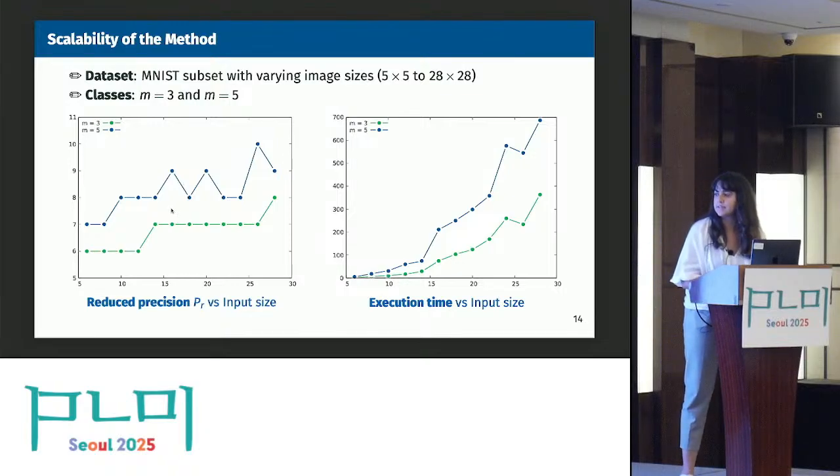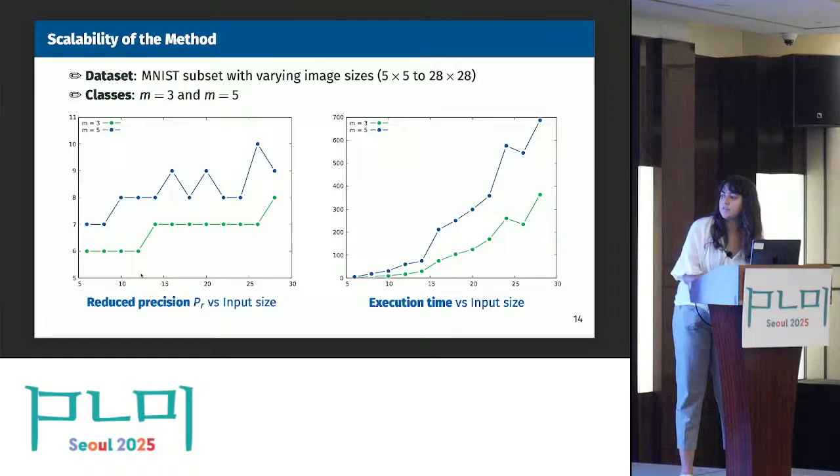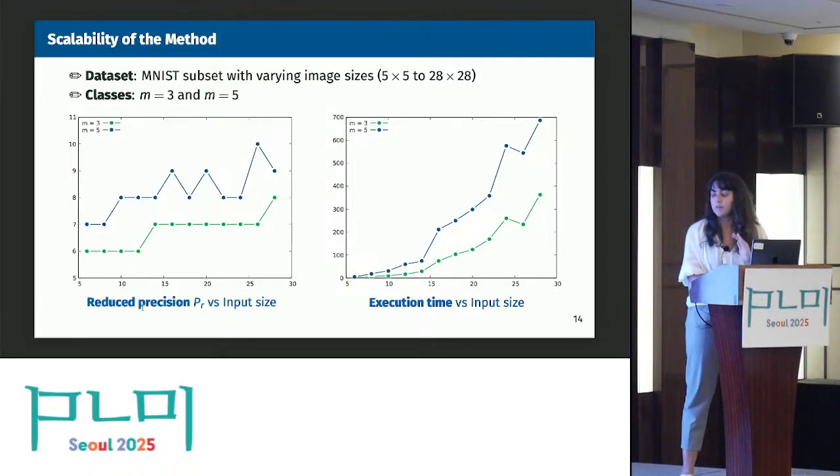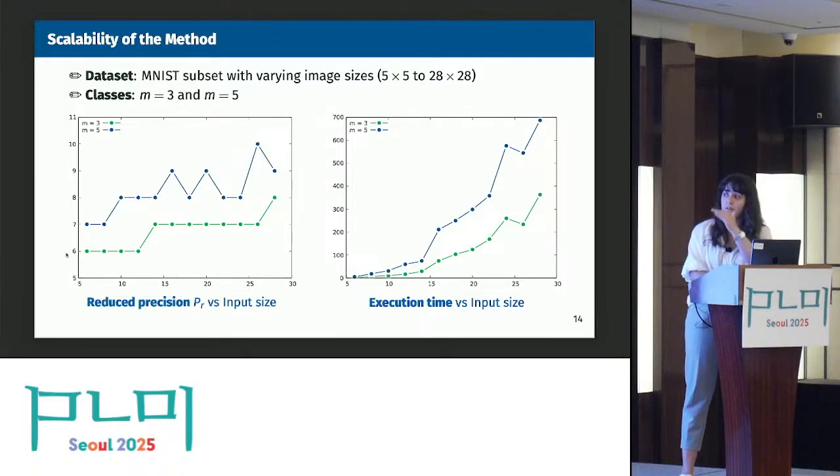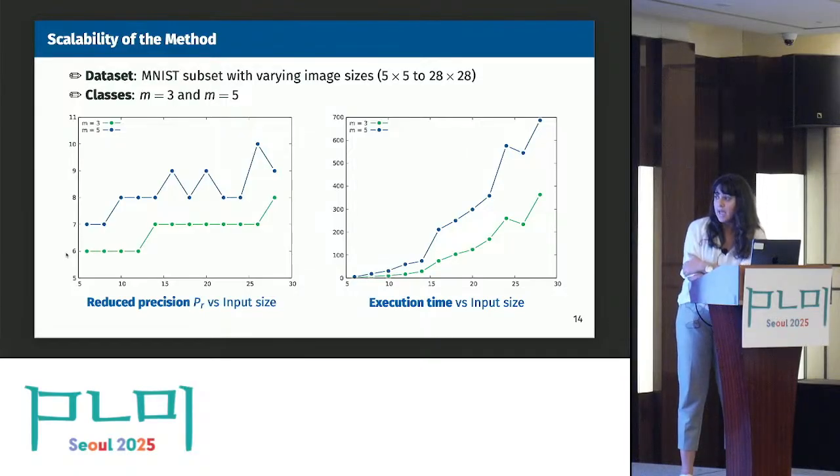On the left-hand side is the plot of the reduced precision versus the input size. On the x-axis we have the input size of our MNIST model, and on the y-axis we have the reduced precision PR computed by our method. The green plot is for class 3, and the blue one is for output 5.